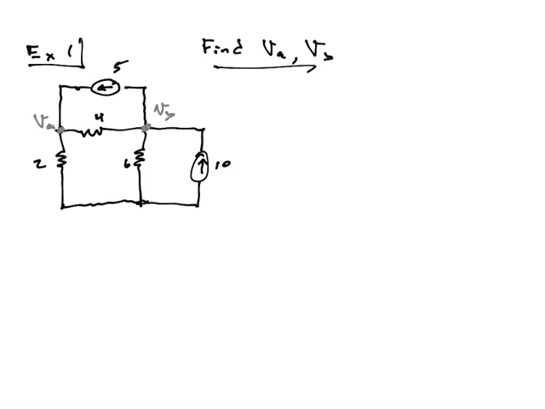Okay, so the first thing you notice is this circuit has current sources in it. And a lot of times, if you see that, that's telling you maybe you want to try nodal analysis as the technique instead of something like loop analysis. So we're going to do nodal analysis. What's the first step?